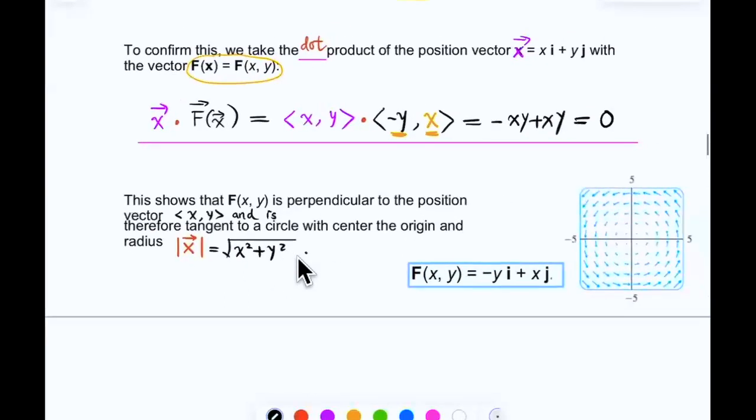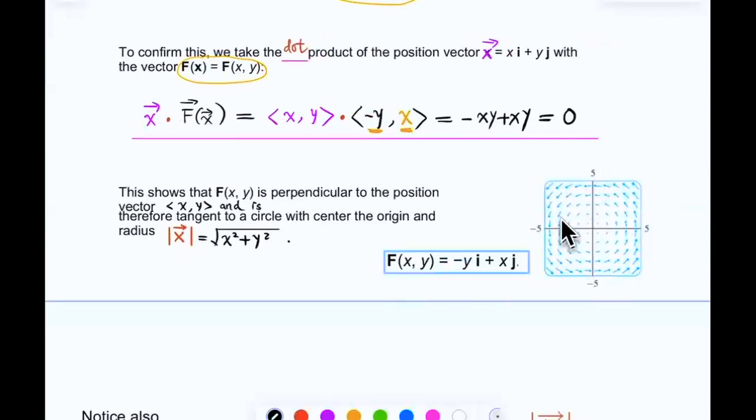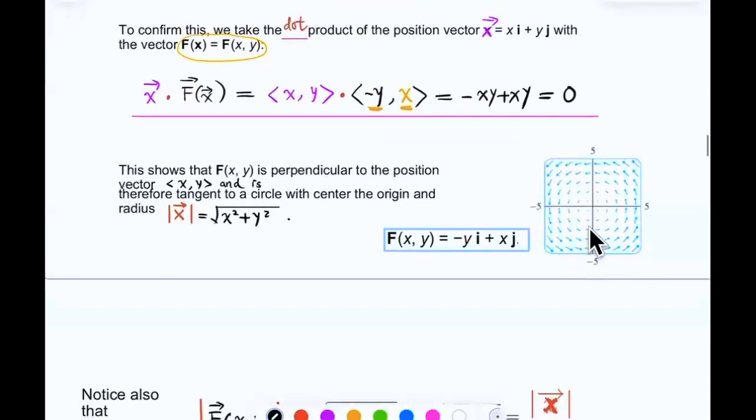So here, actually, we get more vectors. If you draw more, you get a better picture of the vector field. Each vector is going to be tangent to a circle with center at the origin. It looks like a tornado.